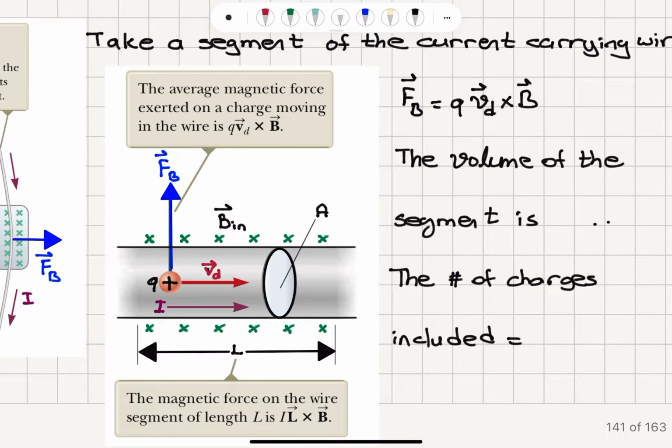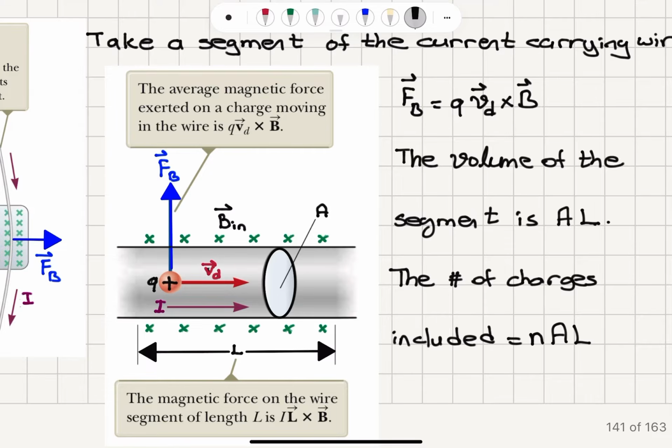As a result, all of these charges feeling this force, it will appear that there will be a force acting on this segment of the conductor which has length L. The volume of this segment is the cross-sectional area A multiplied by its length, so the volume is A times L, and the number of charges in this segment will be the number of charges per volume n multiplied by the volume of the segment, AL.